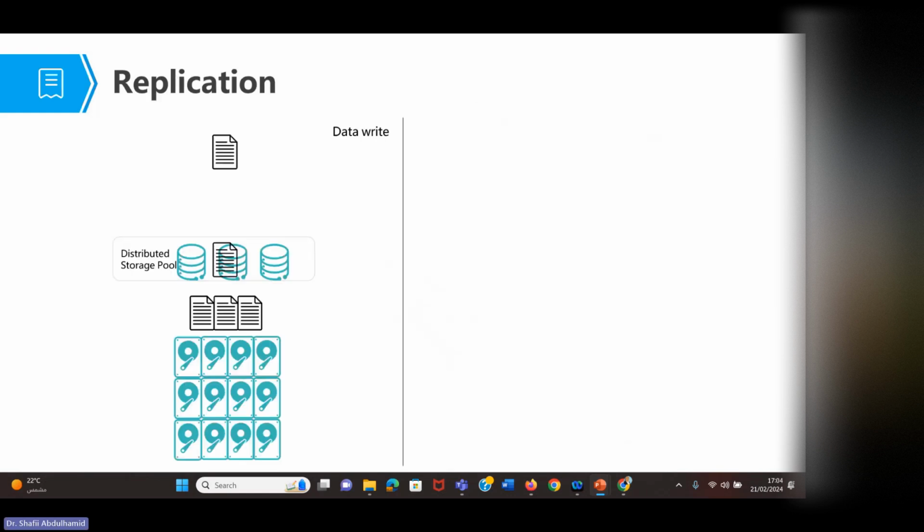So let's go to the last part. More explanation related to application. Actually, I already used the diagrams there to explain. So you have your data. If you write data, it goes in, and this data will be replicated.